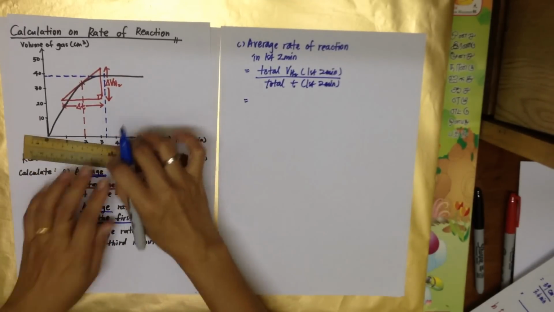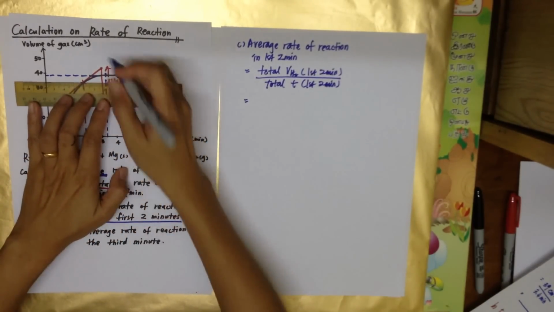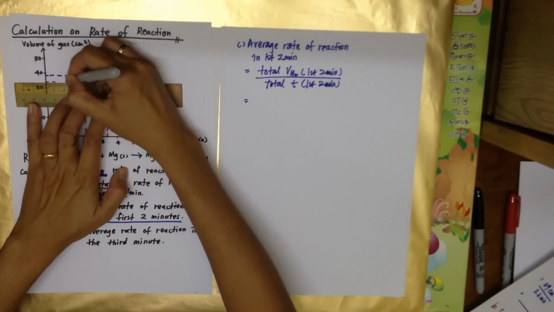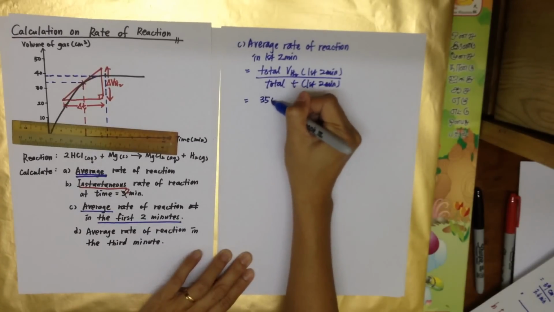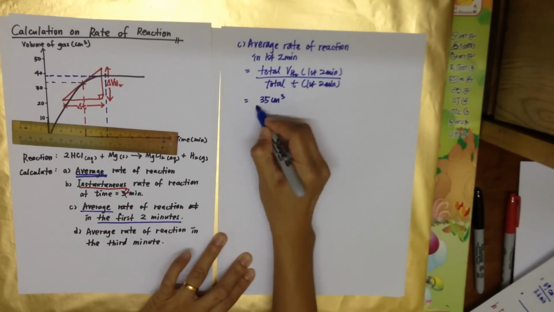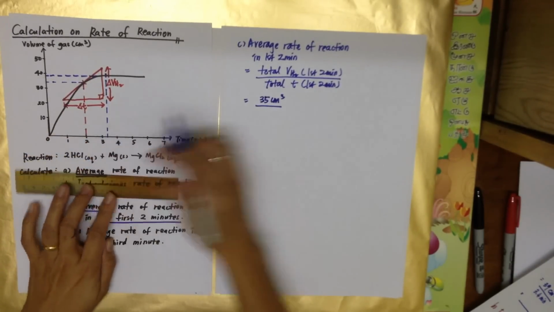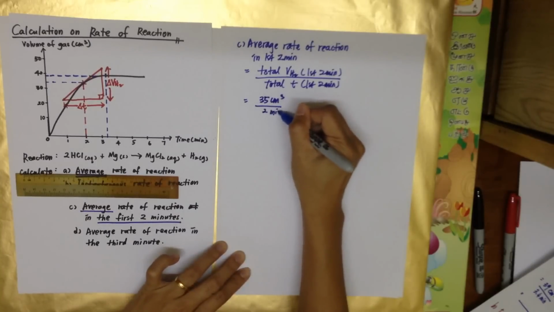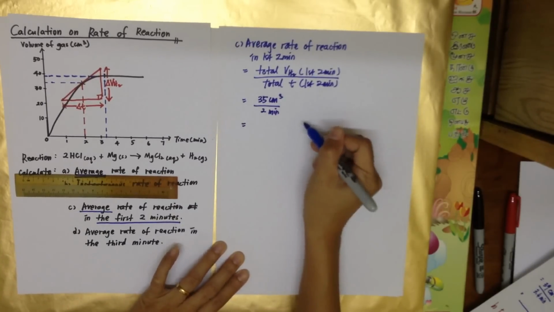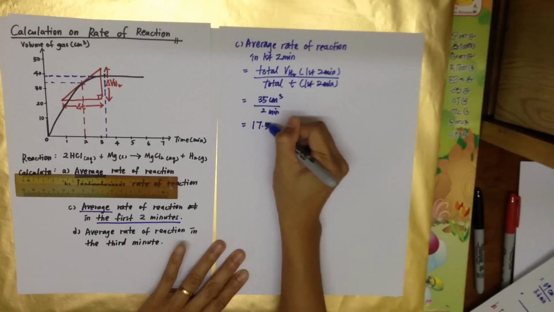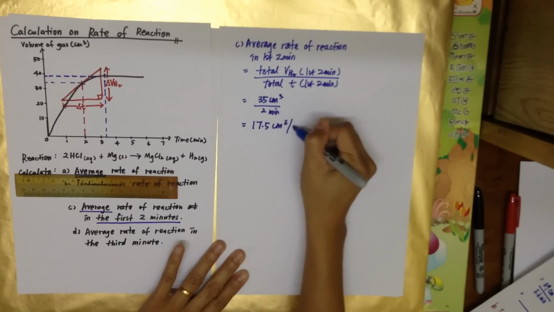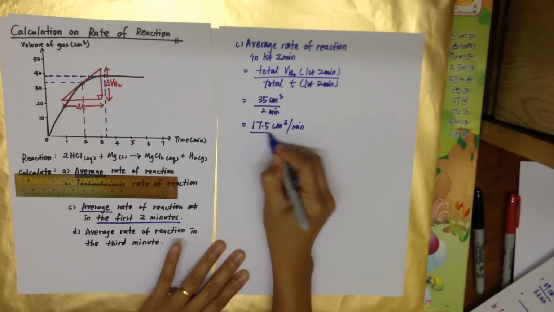From the graph, we can easily obtain the volume of hydrogen gas in the first 2 minutes. That is 35 centimeter cube divided by 2 minutes, and hence we will be able to obtain the answer. Remember the correct unit.